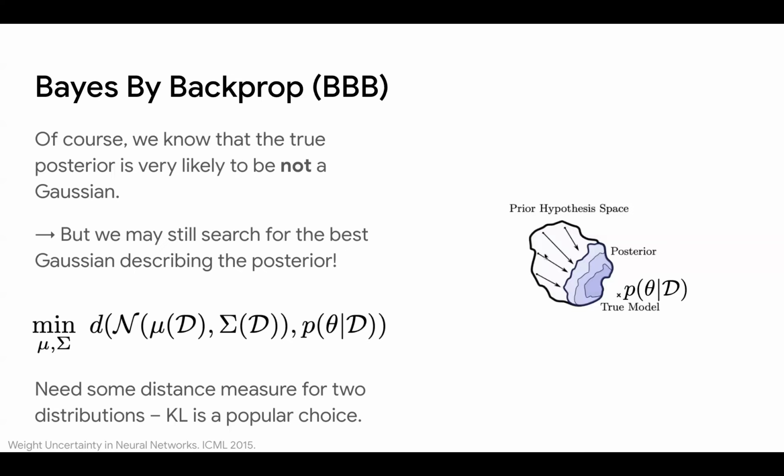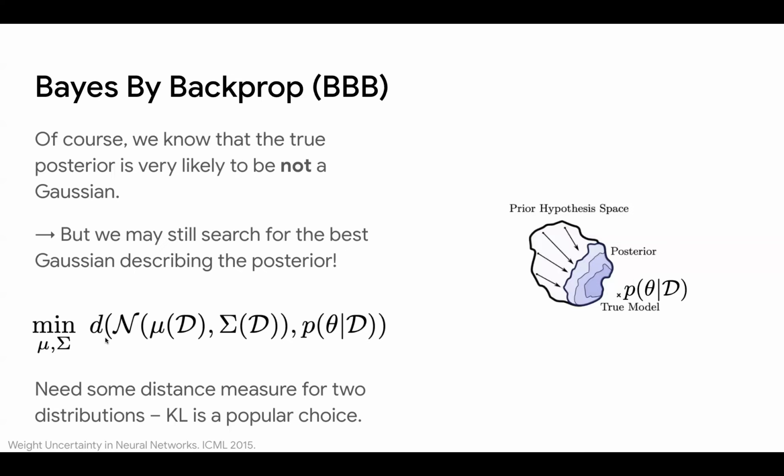So the figure looks like this. This region is the set of models that can be modeled by our Gaussian, and the true model is kind of lying outside of it. So we try to minimize the distance between the posterior that we are going to get and the true model as much as possible.